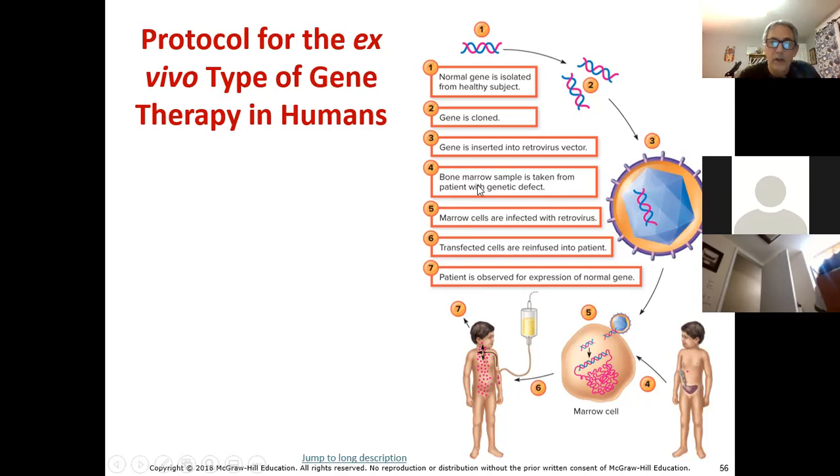A bone marrow sample is taken from the person who has the defect, and it gets transfected by this virus that has the repair gene. And then the individual is infused, and they are observed to see if they have expression of a normal gene.